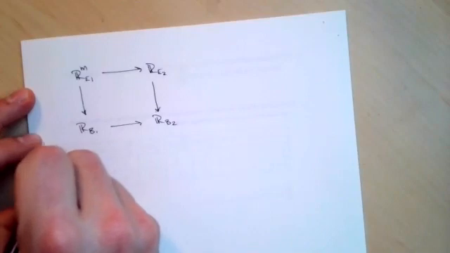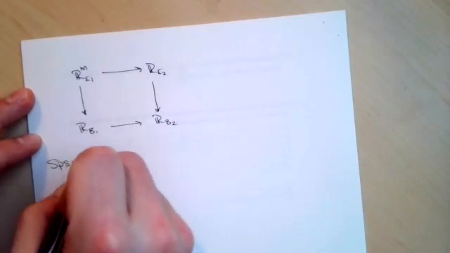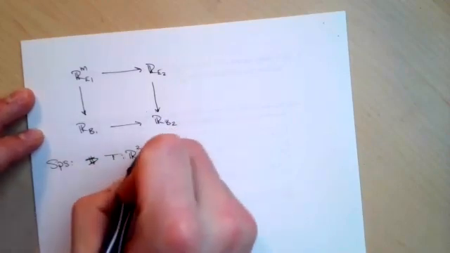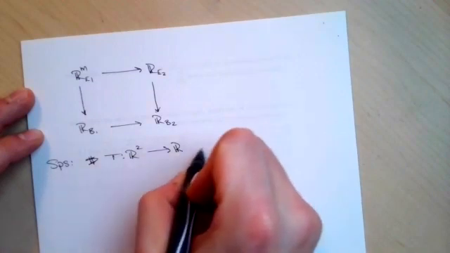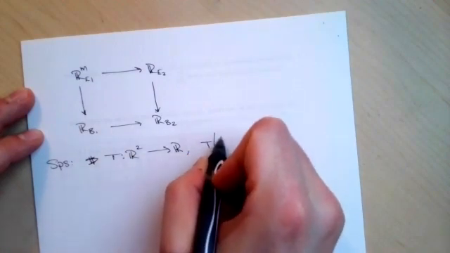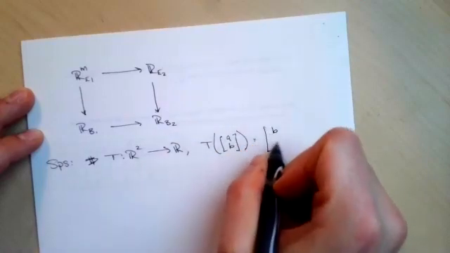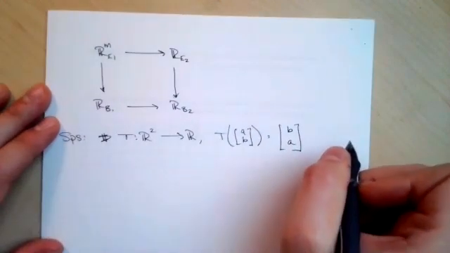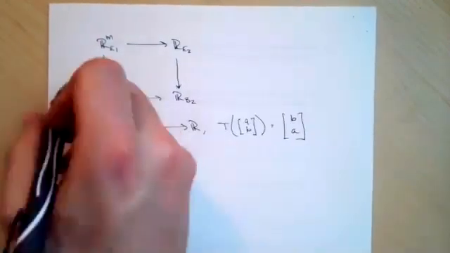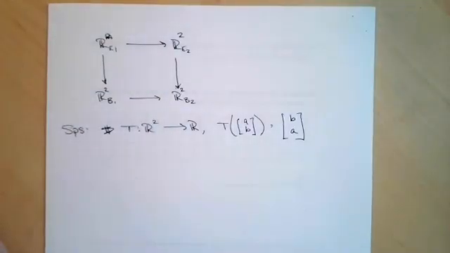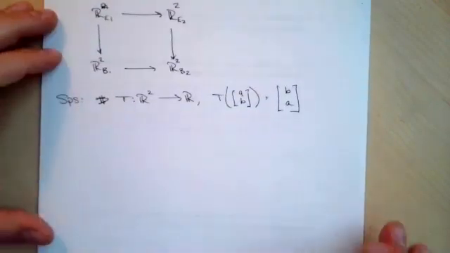So suppose we have T from R2 to R2 given by T of (a, b) is just (b, a). So it flips the coordinates. And so we're just in R2. Then what do we want?